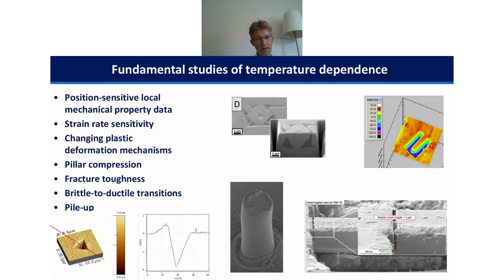You can also look at pileup changing as a function of temperature. You can look at toughness changing as a function of temperature. You can study brittle-ductile transitions, changing plastic deformation mechanisms, and rate sensitivity. And there's a wealth of different things you can look at.